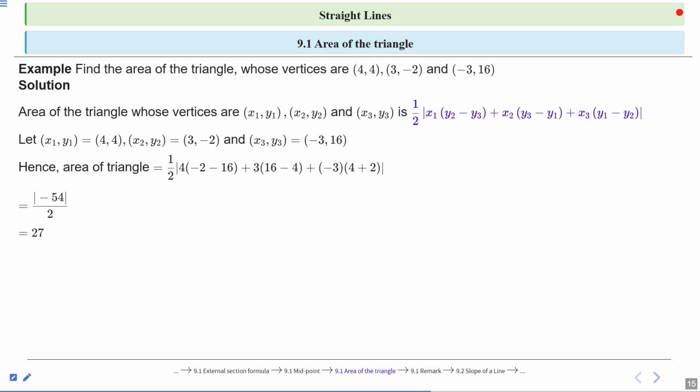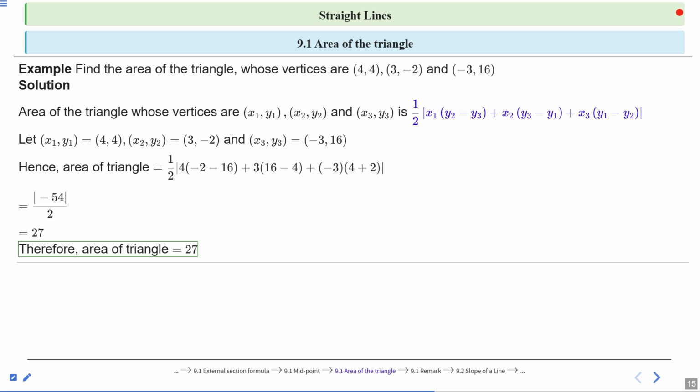As you know, the modulus of minus 54 is 54, and 54 by 2 is 27. Therefore, the area of the triangle is 27. You may ask why we take the modulus sign here. It is because the area of a triangle is always positive, never negative. So for getting a positive value of the area, we use the modulus sign.